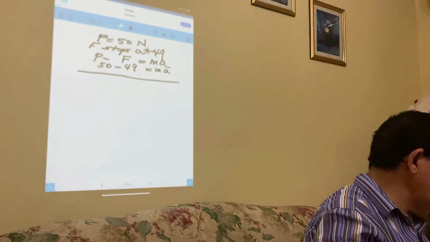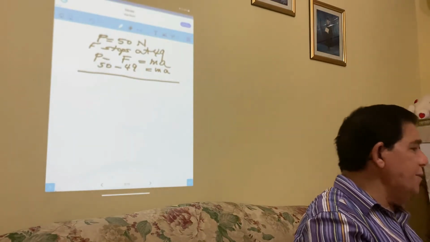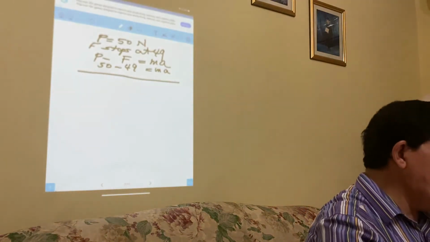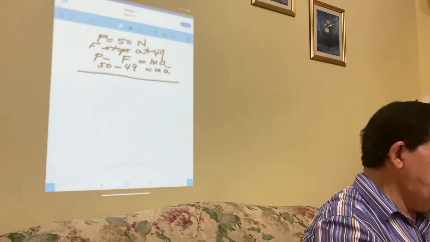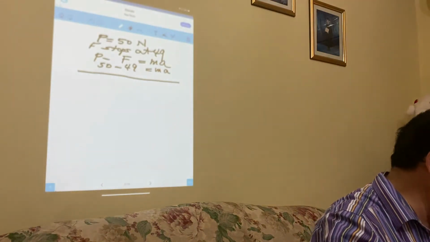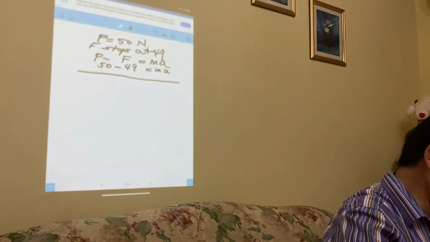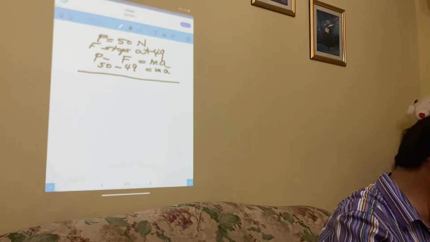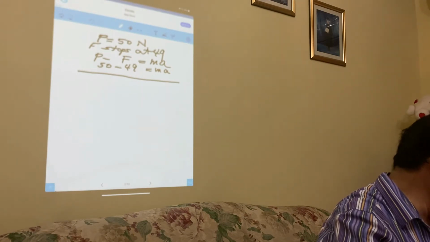As it is given here, a force. By this example, it says a box of 10 kilogram rests in limiting equilibrium on a rough plane inclined at 20 degrees.